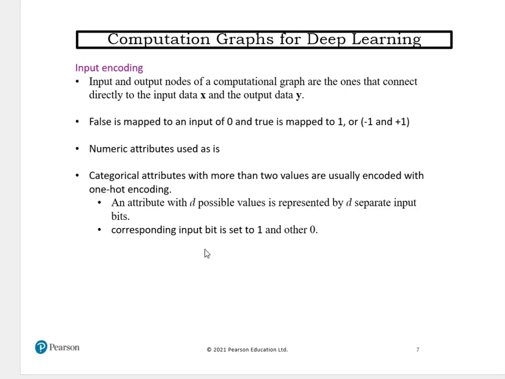This works mostly well, unless, of course, you have a lot of possible values. For example, in many projects you might end up with a customer ID or session ID if you're dealing with web data.